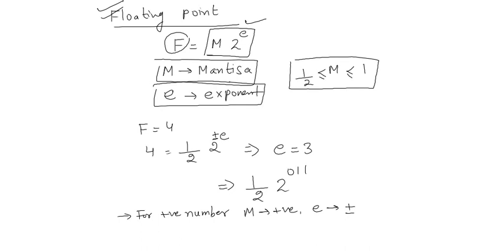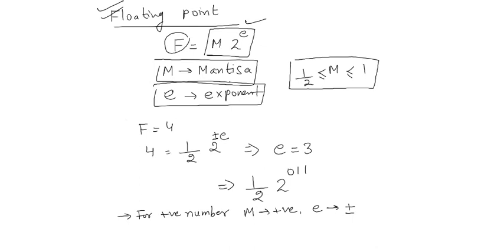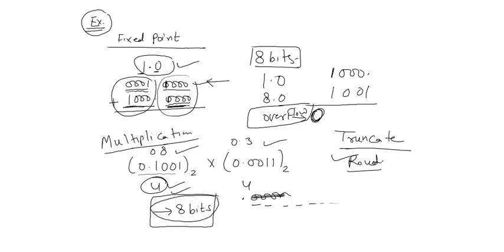Now let's take an example. I forgot one thing in the last fixed point part. Here I am taking an example of the number 4. If I take the number 4 and don't mention any decimal point, fixed point will not consider this as only 4, rather it will consider 4.0.